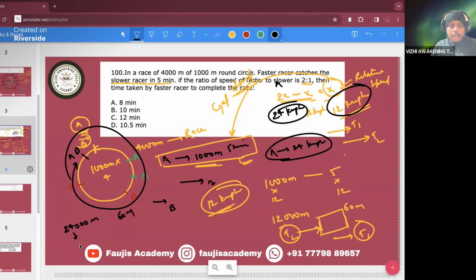So to cover 4,000 meters, that is 1/6, isn't it? Guys, did I not teach you fractions? This is 1/6. Then only you will write 4,000 meters, and you do 1/6 of the time over here. That means 10 minutes is the answer.